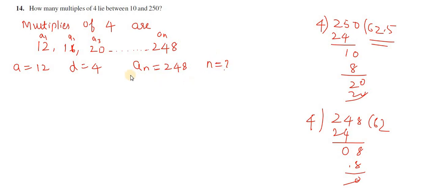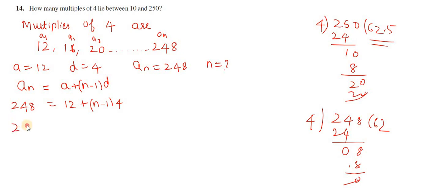So you can go for the formula: an is equal to a plus n minus 1 into d. An is 248, which is equal to a, which is 12, plus n minus 1 into d. The d value is 4.